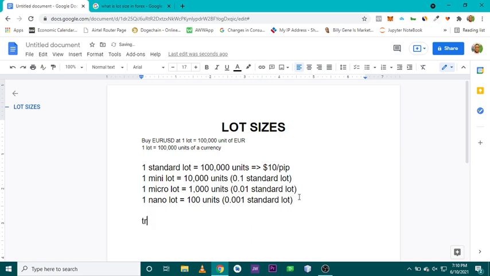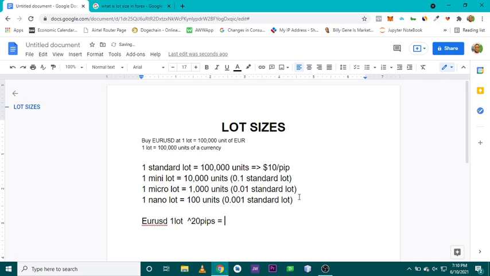So let's say you took a trade, you bought euro USD, and you took a listing of one lot, and price moves up. The price moves up, and you are 20 pips in profit.